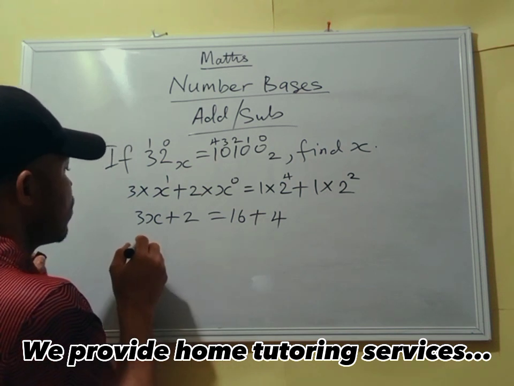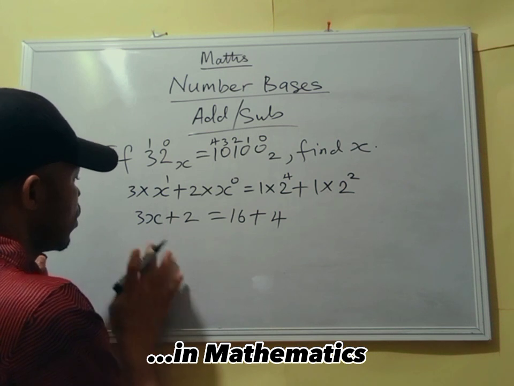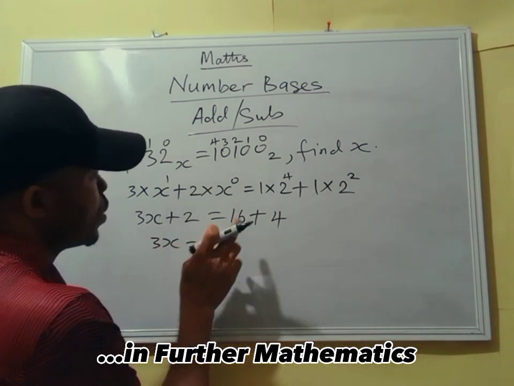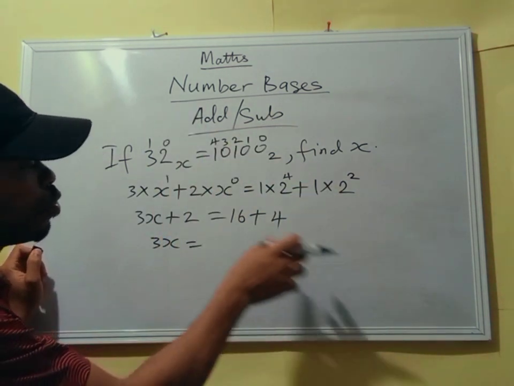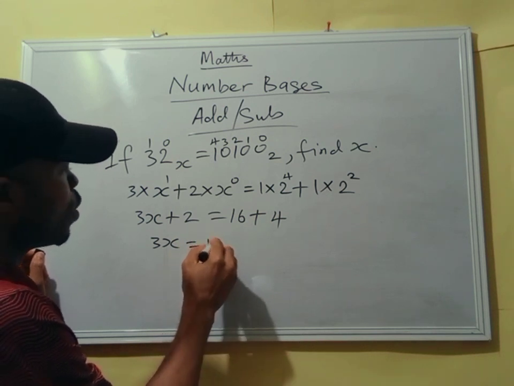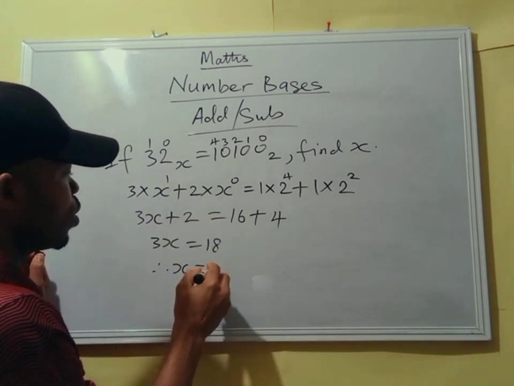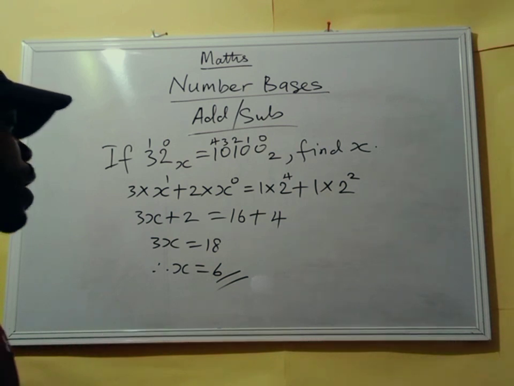So we have 3x equal to 16 plus 4 is 20. When this 2 comes over, it becomes minus 2. So 20 minus 2 is 18, sorry. 3x equal to 18. Therefore, x will be equal to 18 divided by 3, which gives you 6. So that's how we know that our x is 6.